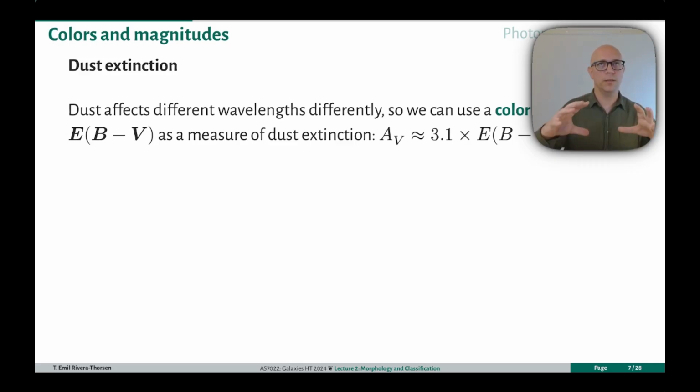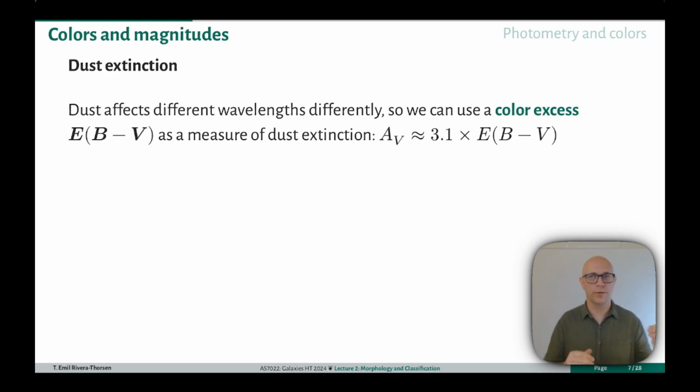So when starlight passes through a cloud of gas that contains dust, light at shorter wavelength has a much higher probability of being absorbed by the dust grains than light at longer wavelengths, which means that you basically get a curve for the extinction that is done by dust to this light, which suppresses the spectrum of a star or a stellar population differently along the spectrum.